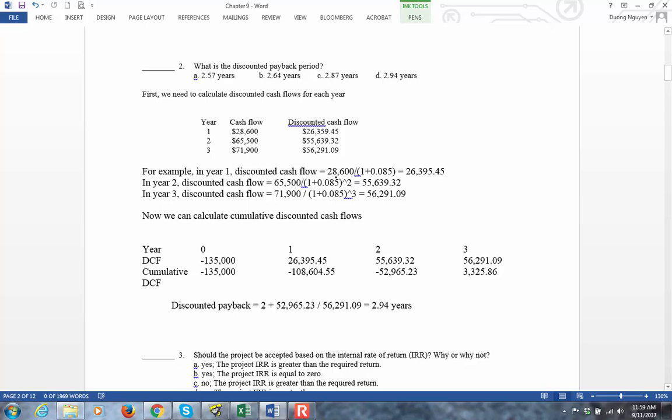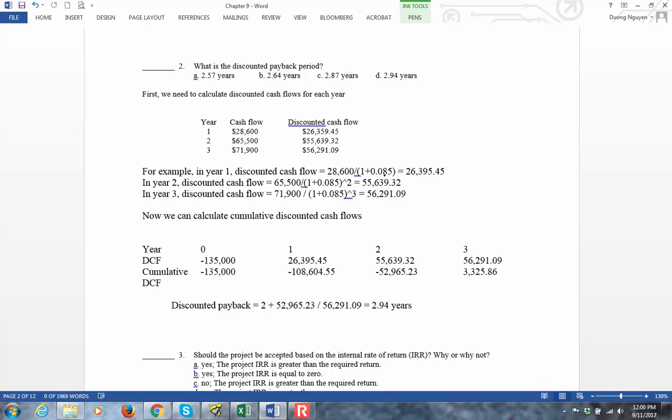So in year 1 the present value would be 28,600 over 1 plus the interest rate, which is 8.5%. So you get the present value of cash flow 1 is 26,395.45. You do the same thing for present value in year 2.